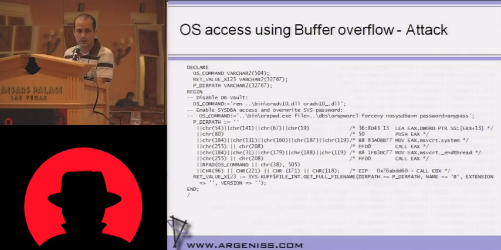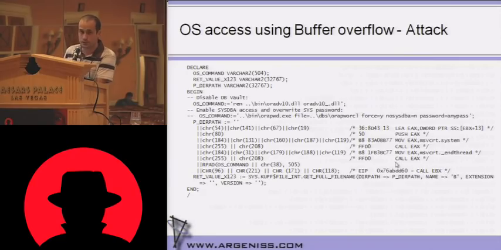the EBX register, a processor register, points to the beginning of this dir path buffer. So we override the EIP register with an address that we know has a call EBX instruction.